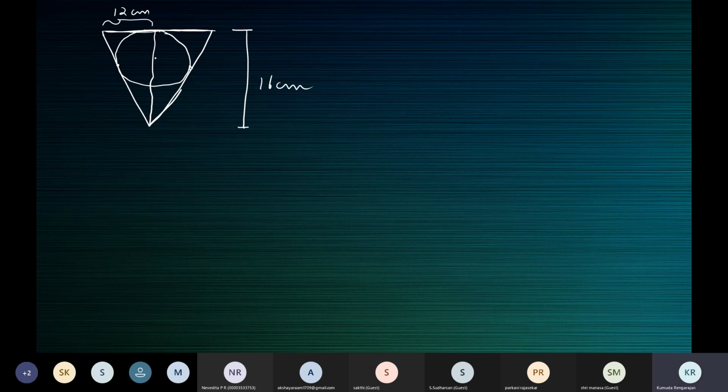Now, supposing this is the center of the sphere, you can see that this one acts as a tangent to the circle. This looks like the point of contact. This is the center of the sphere. So when you join the center of the sphere to this point of contact, you know that the radius and the tangent at the point of contact are perpendicular to each other. So 90 degrees here.